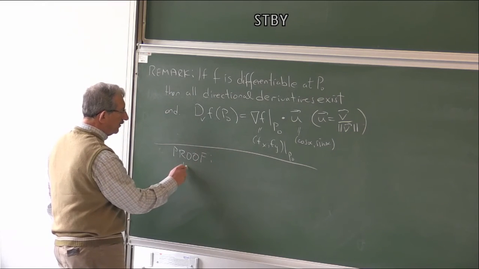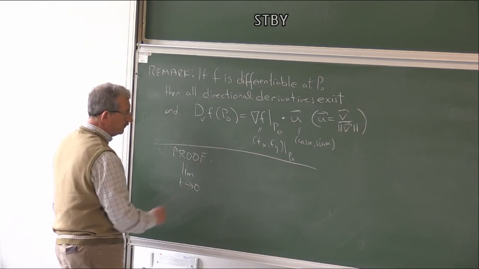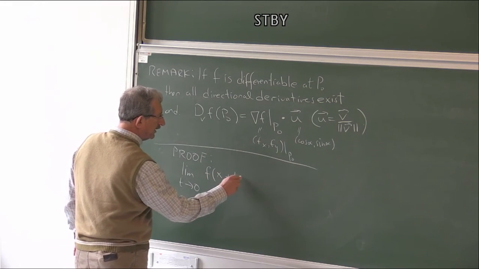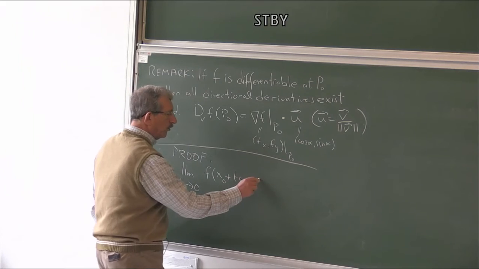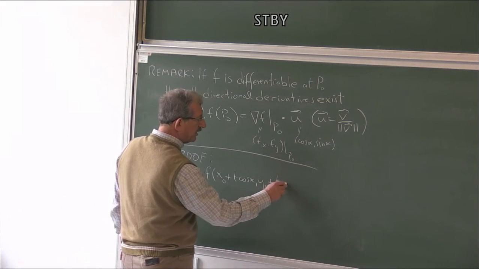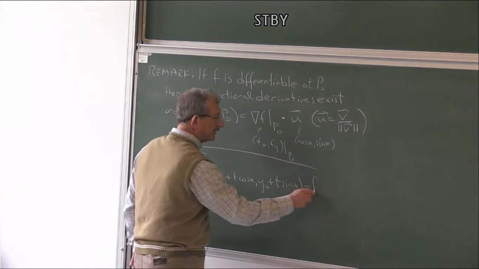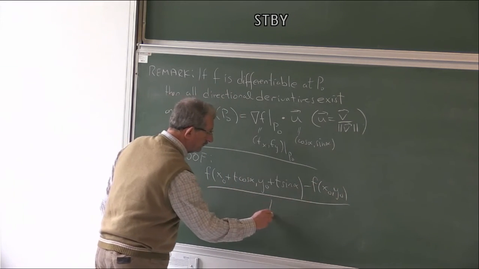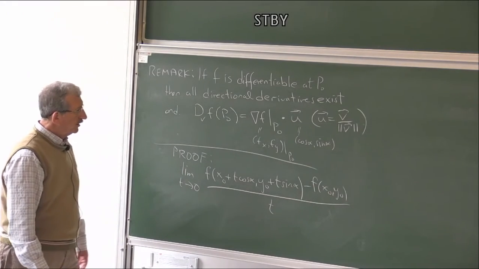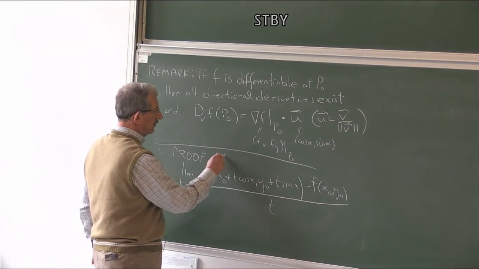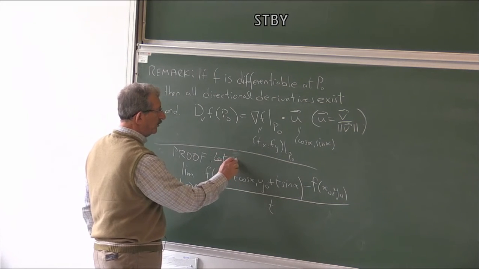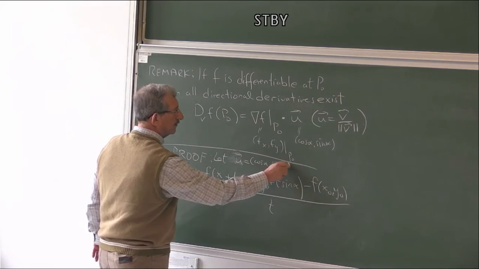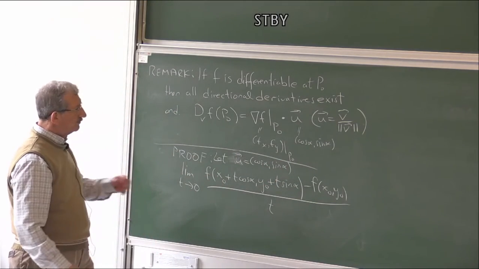Let us look at the limit as t goes to 0 of f of x0 plus t cosine alpha, y0 plus t sine alpha, minus f of x0 y0, divided by t. Okay, here v is, or rather u is cosine alpha, sine alpha. I'm taking it a unit for simplicity.